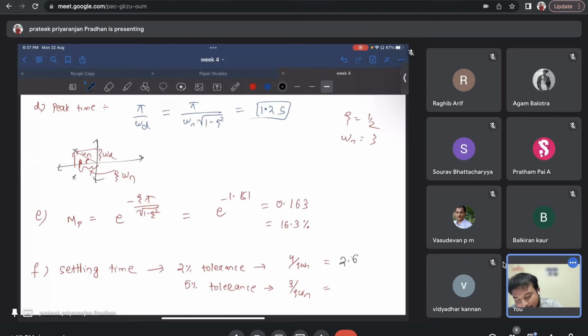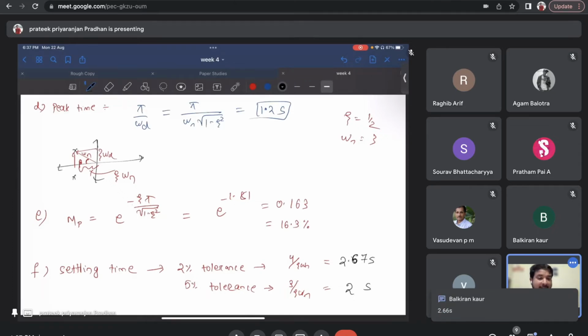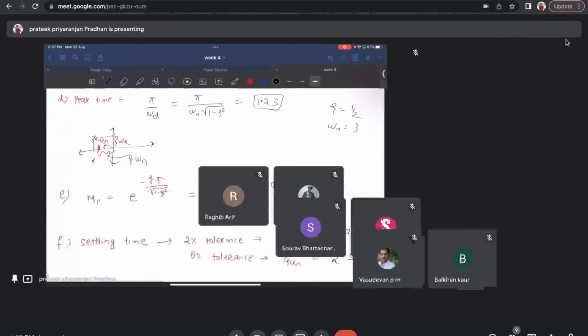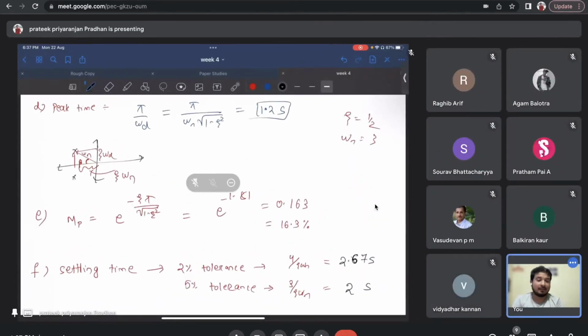I would make it 2.67 because that's more accurate. Yes, 2 seconds. So this question is done. This kind of question you can expect in your regular college examination as well as in the GATE examination, and this is one of the favorite questions.